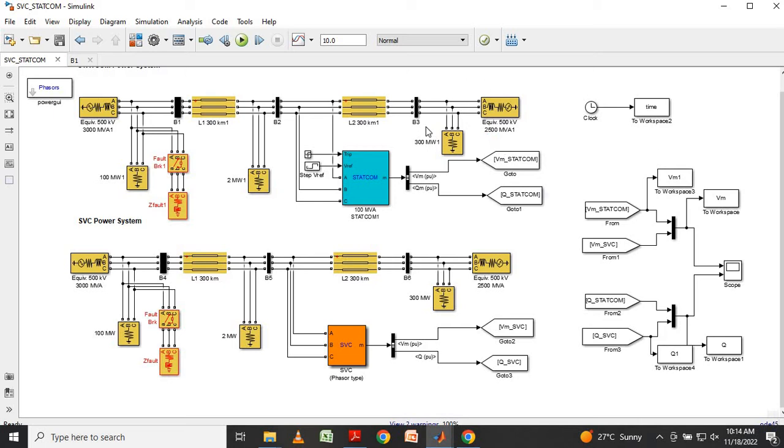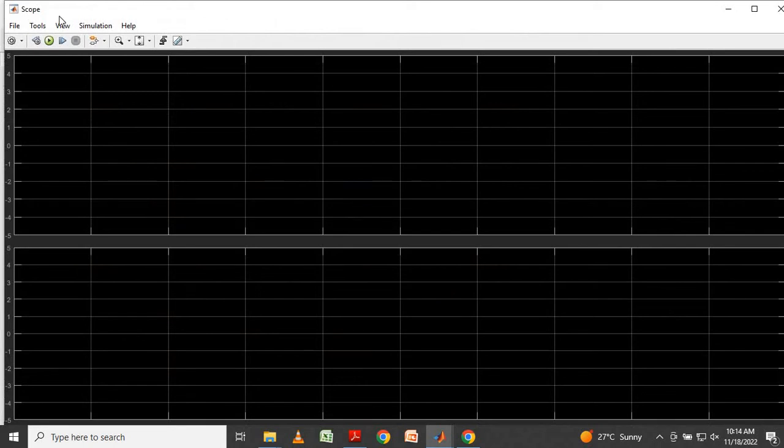Okay, now this is the waveform. Then we have to check the output of STATCOM and SVC. Okay, now this is the output waveform of STATCOM. So now we have to check here.